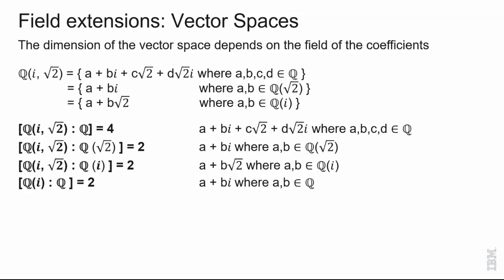The same holds if you use the coefficients from Q adjoined i, again, you have a vector space of just two elements. So the dimension of this extension is 2. And finally, we saw this, Q adjoined i. If you're using coefficients from Q, you get this form a plus bi, and this is again a vector space of size 2. So the dimension of Q adjoined i over Q is 2. So we have these 4 examples.